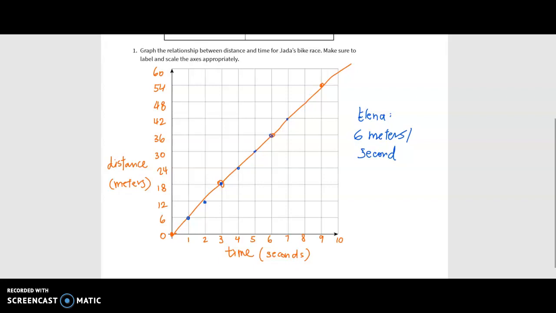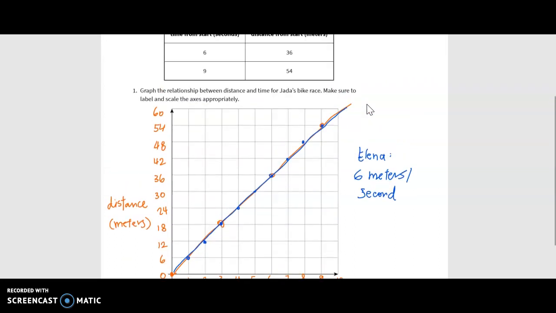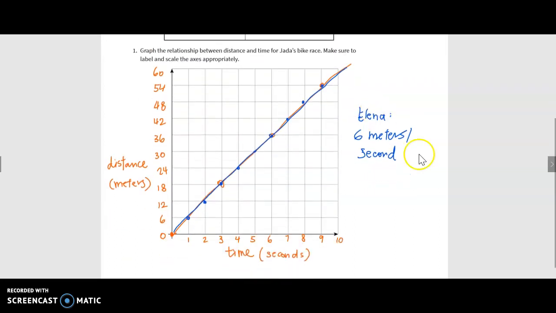What do you notice right here? Basically Jada and Elena have the same line. So what does that tell you? That tells you that Jada and Elena have the same speed for the same distance.